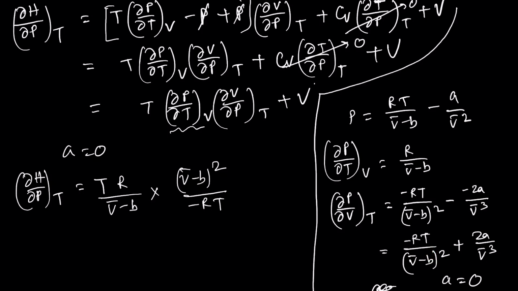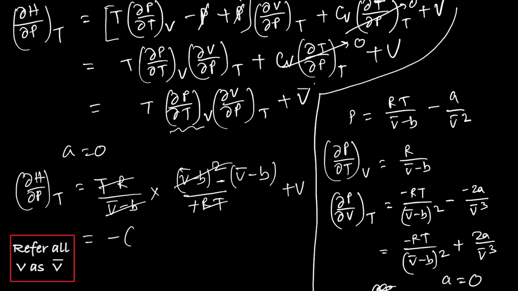Now my R T cancels, V minus B cancels, but there is a negative sign, and plus V. This V is basically the molar volume everywhere. So, minus V minus B plus V, which is minus V plus B plus V, giving you B.